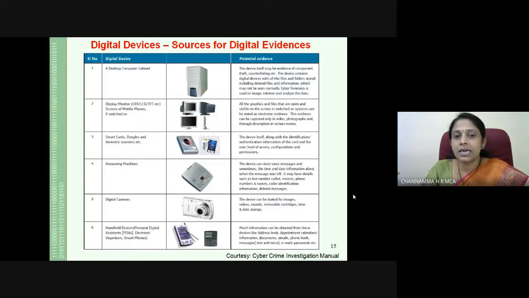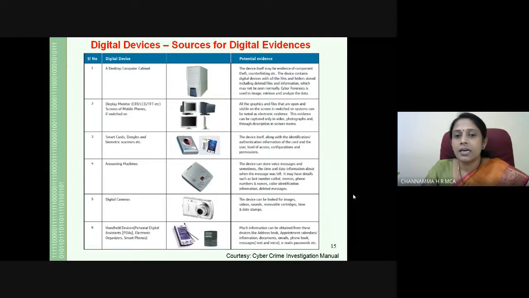And smart cards, dongles, and biometric scanners can be sources of digital evidence at a scene of crime. All these digital devices, if present, have to be seized and taken care of.